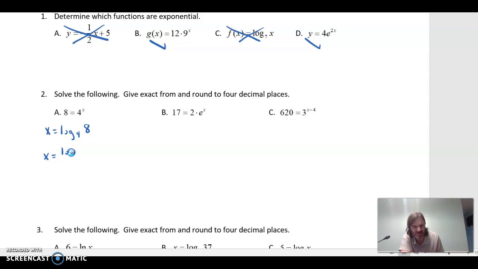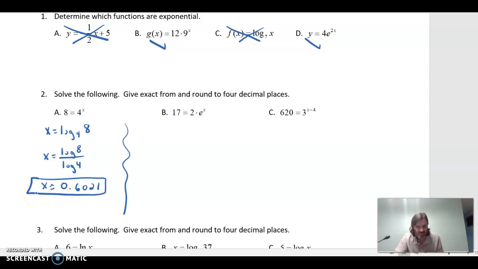We can rewrite that using the change of base form as log 8 over log 4, and then we'll put that into the calculator to get an approximation. Okay, so that approximation will be, to 4 decimal places, 0.6021.